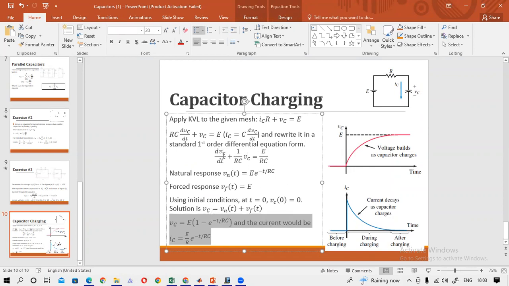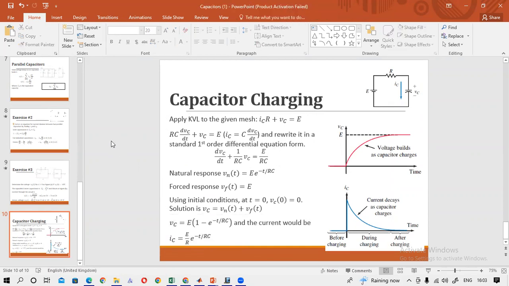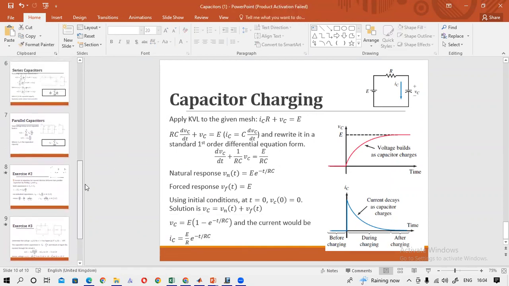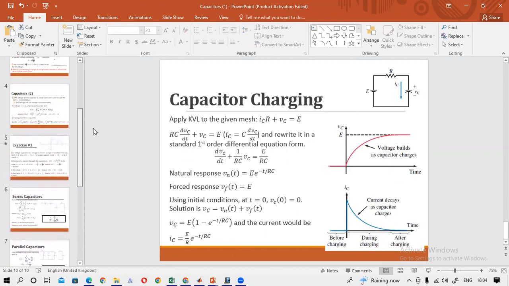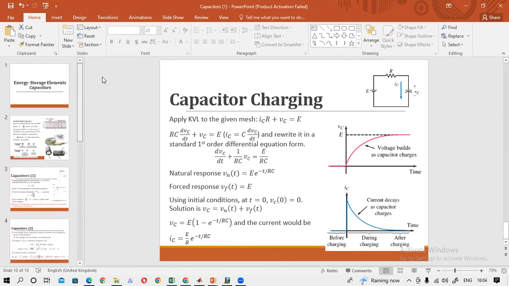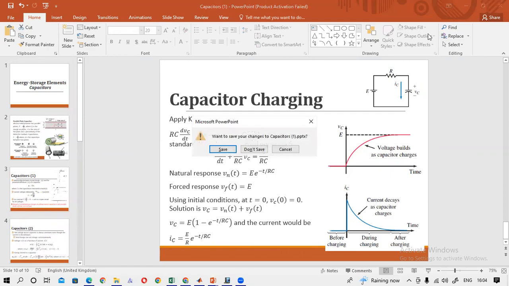Try to do this one also, but you need to know how to solve a differential equation. Next week we will see this. If you have time, try to do this exercise by yourself, otherwise we can do this next week. So we will stop here.